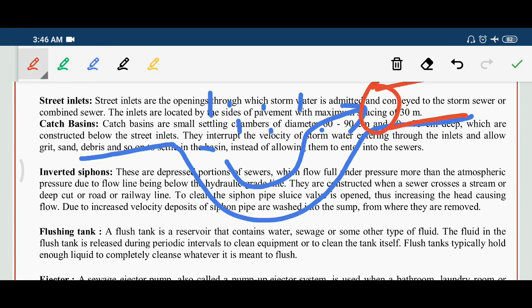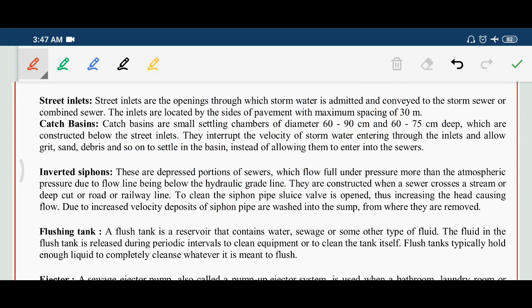Before it enters, all this grit, that is small metal objects, organic matter, sand, everything will be accumulated in this catch basin, and the water will flow without any suspended matter. That is the help of the catch basin.